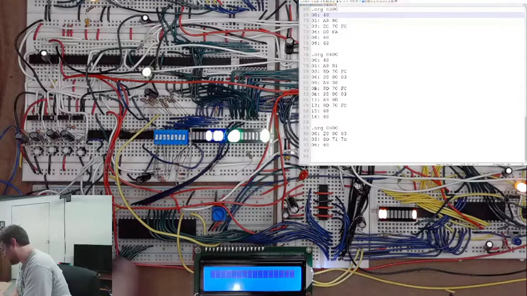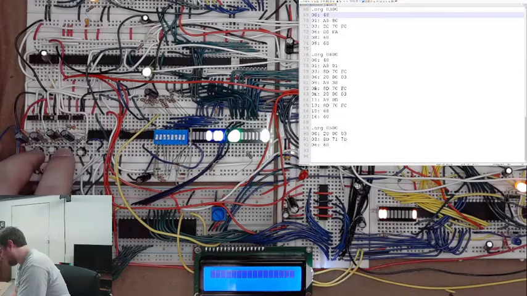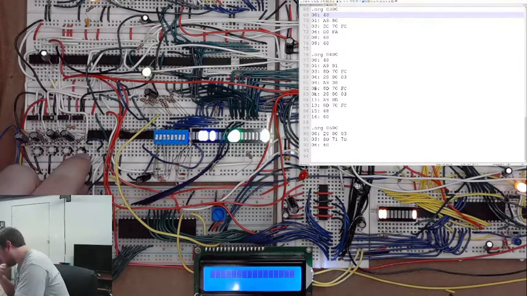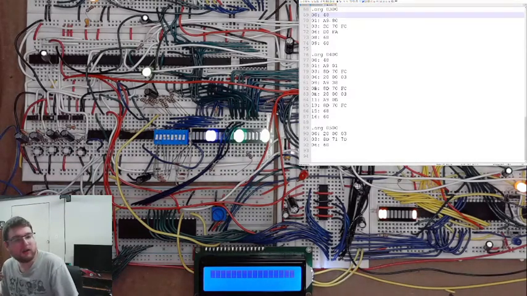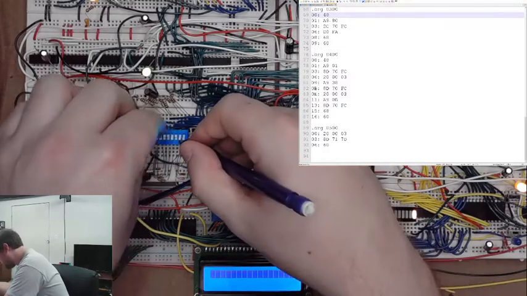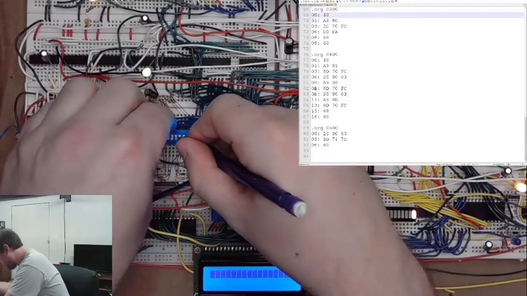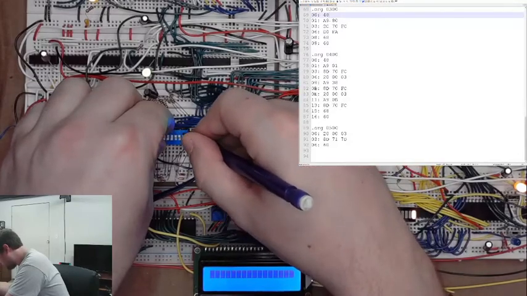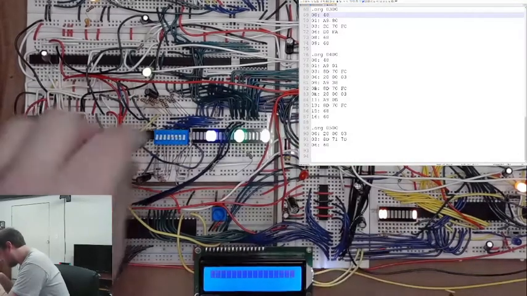What am I doing over there on the keyboard? Wait. Yes, 3 is 2C. Okay, 7, 0. Is that 7? That's not 7. That's 7.